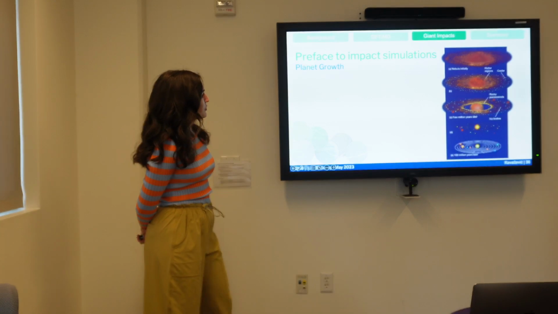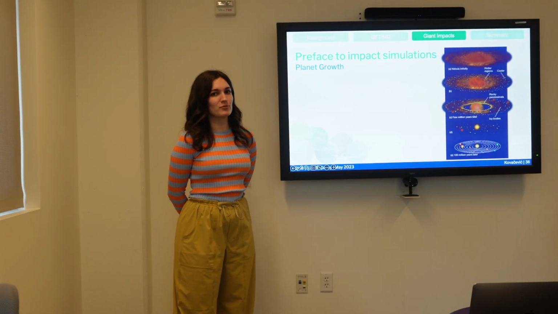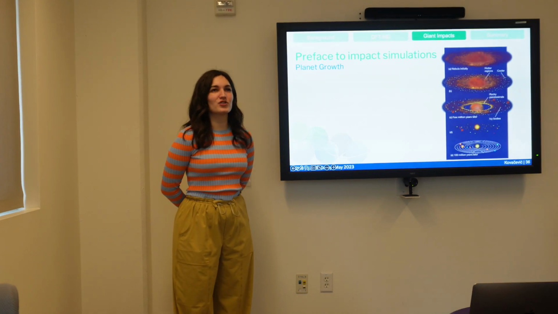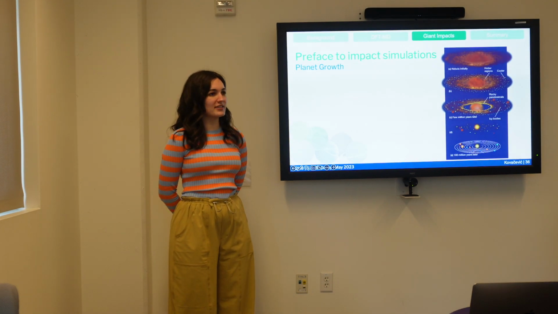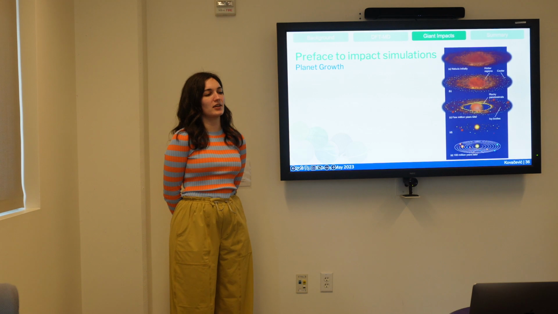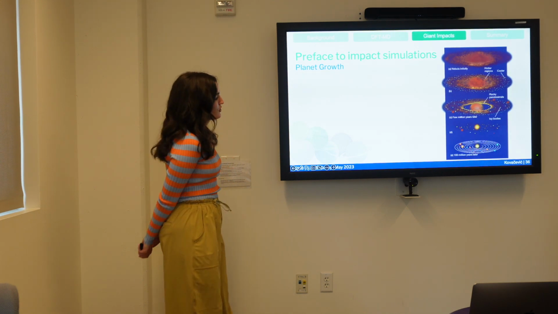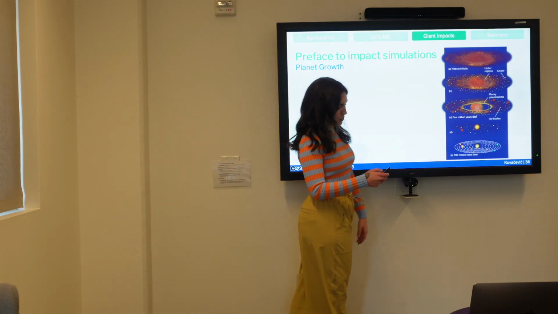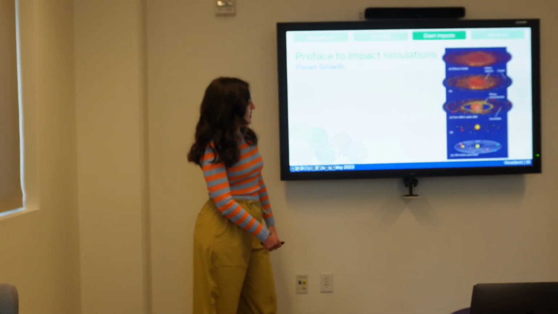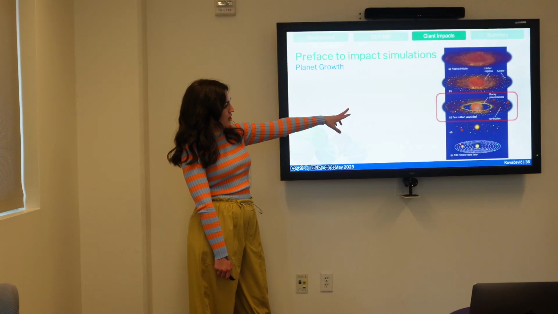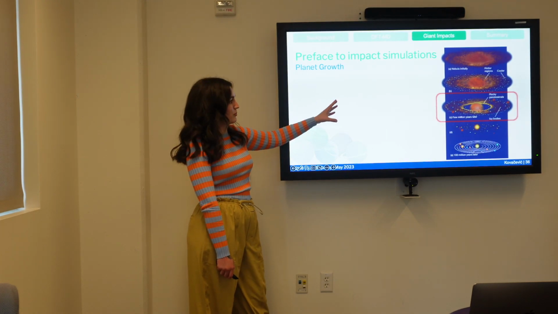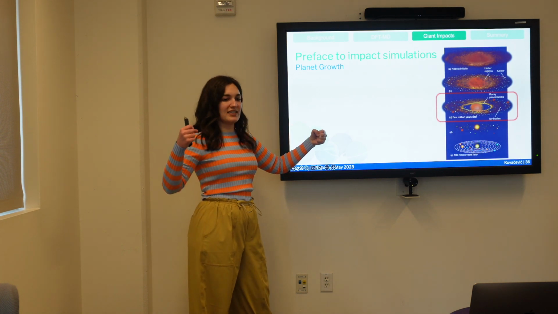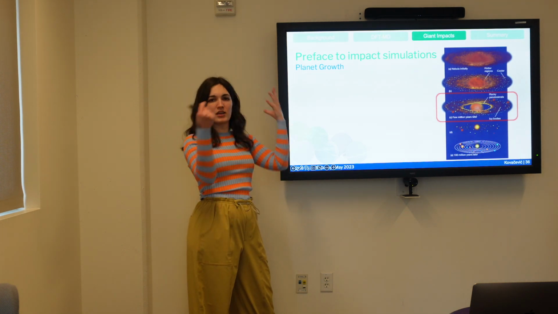So let's just preface really quick to impact simulations before we jump right in. Various astronomers consider different types of planetary growth, but here we're just going to consider collisional growth of planets. This is how you might imagine a solar system forms, and we are going to focus in on that region of solar system formation where, again, collisional growth means we have planetesimals banging into each other and making larger planets.